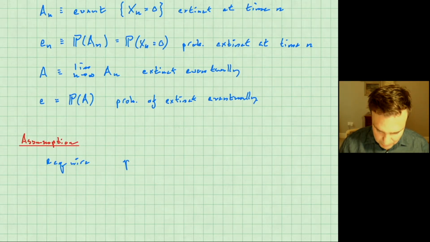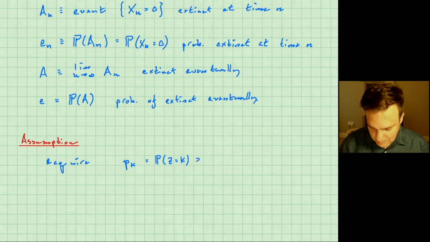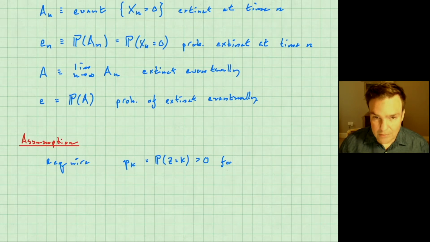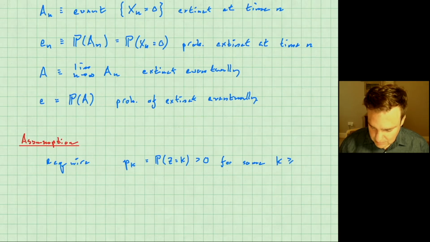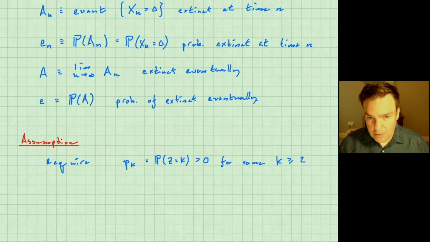It's non-zero for some non-zero values. So in other words, we require that p sub k, which we'll use to represent the probability that Z is equal to k, is positive for at least some k greater than or equal to 2, right?